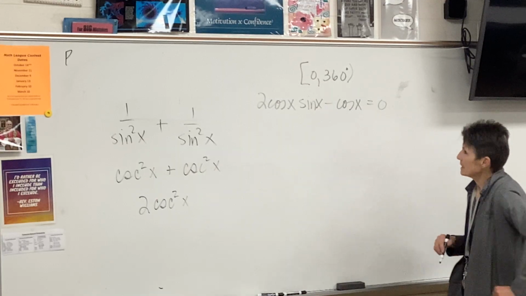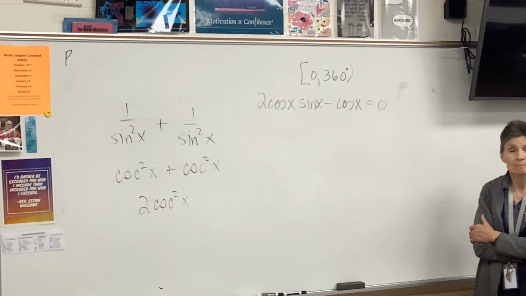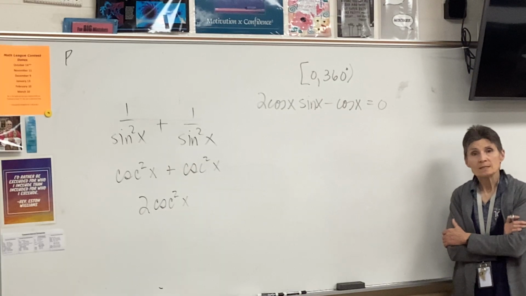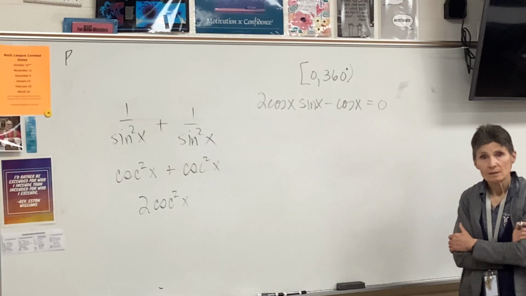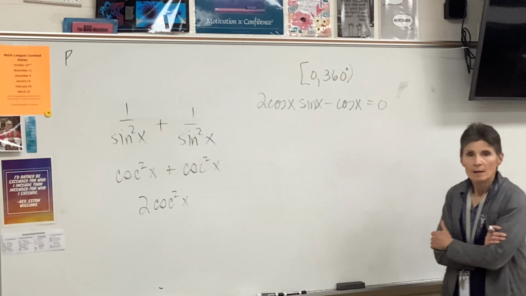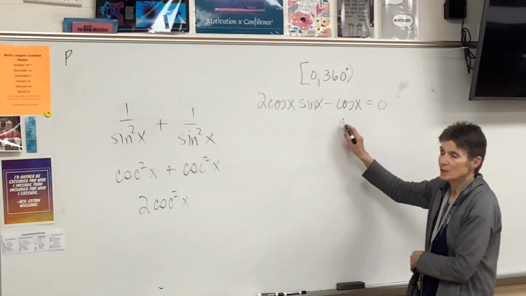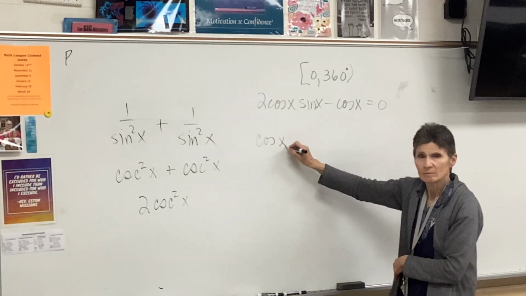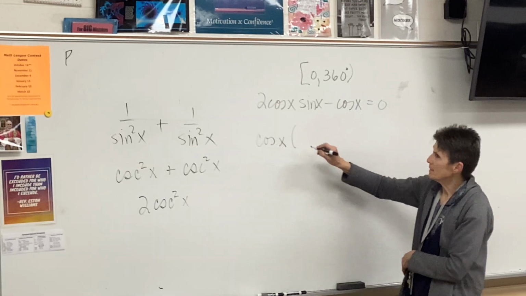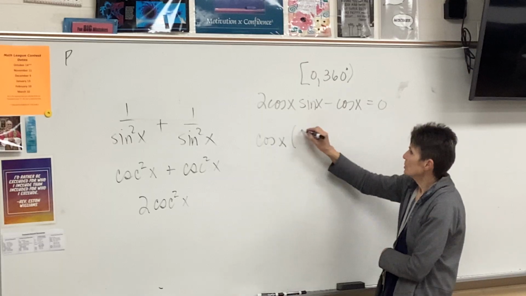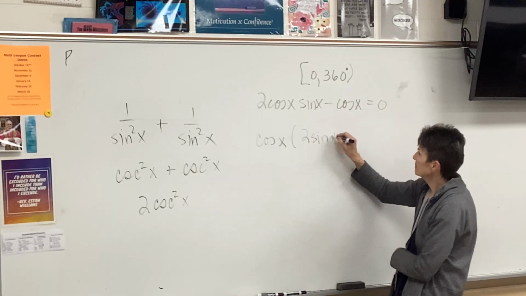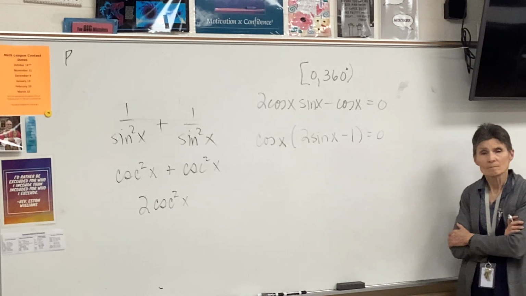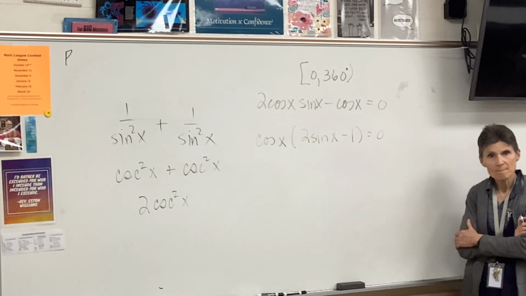Okay, let's take a look at this equation. Does anyone notice that it's factorable? That I can factor out a GCF? I can factor out a cosine? And I will be left with 2 sine minus 1. Does anyone notice that?